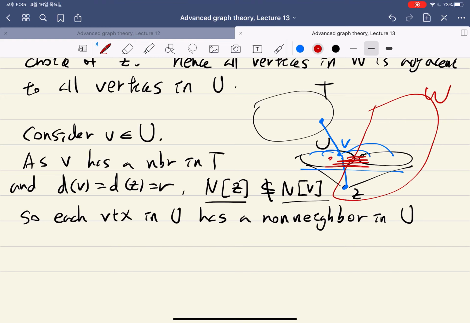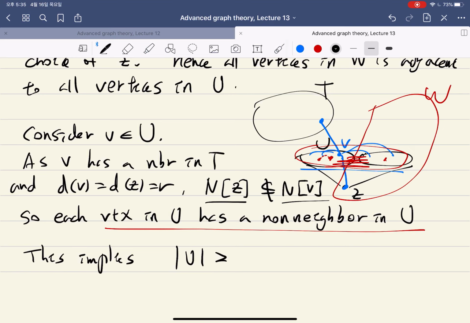So every vertex here and every vertex here are adjacent. But we just showed that the vertex here must have at least one non-neighbor in here. So it must be a non-neighbor in U. So every vertex has a non-neighbor in U. This implies that U has size at least 2.